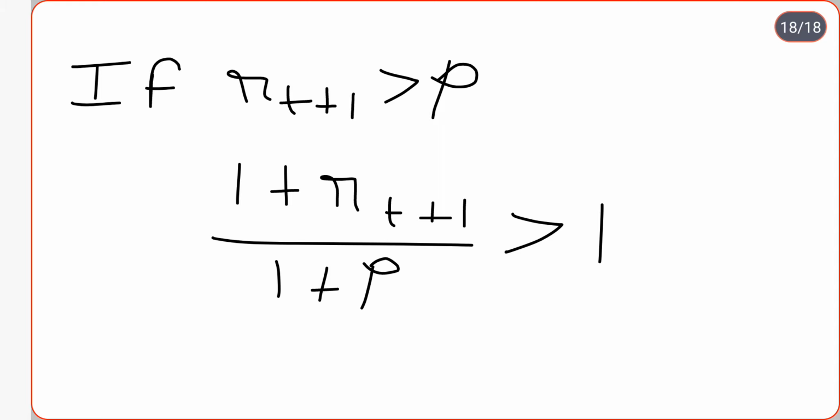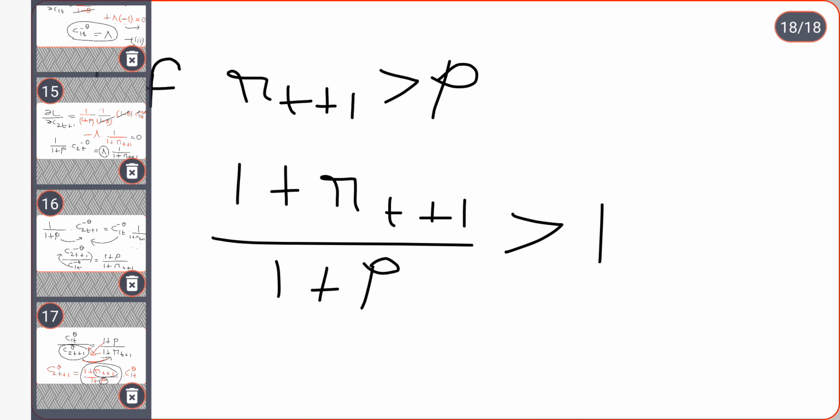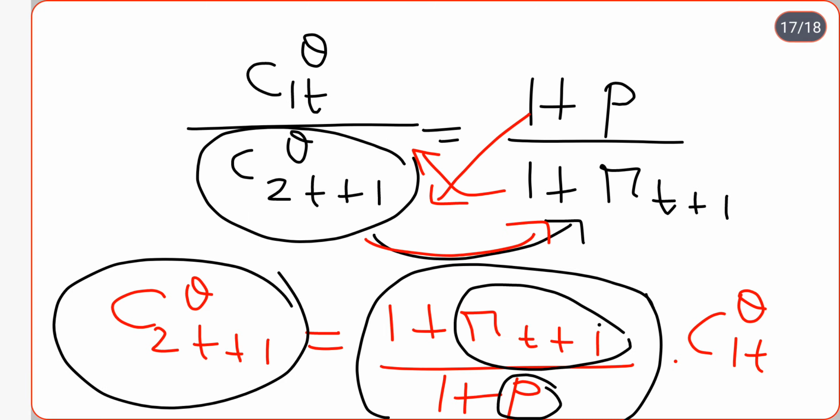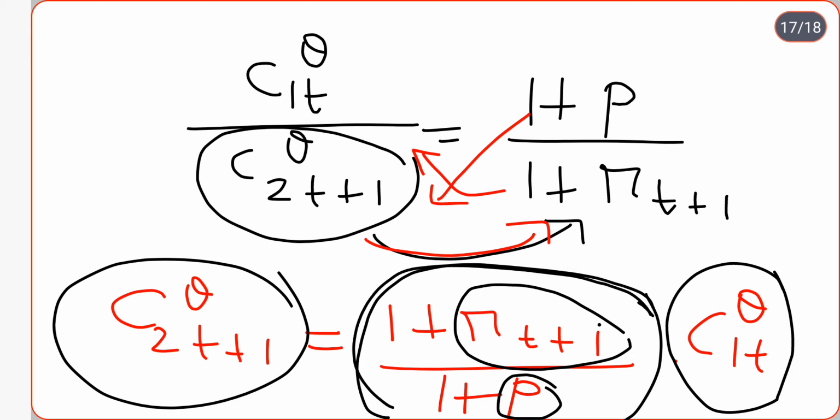And in that case c2t plus 1 to the power theta will be greater than c1t to the power theta, because for equating c2t plus 1 to the power theta with c1t to the power theta, we have to multiply c1t to the power theta by some positive number which is greater than 1.